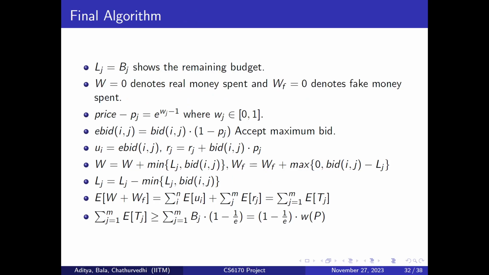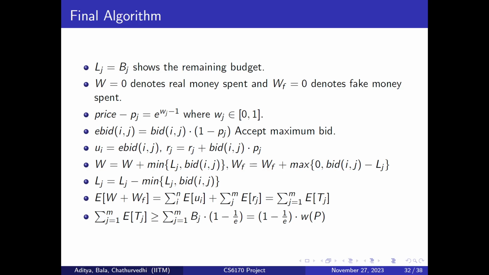If we extend this to the normal AdWords case in an almost similar manner with a few changes, where l_j denotes the current budget of the given bidder during the algorithm. Another value called W_f calculates the false money.